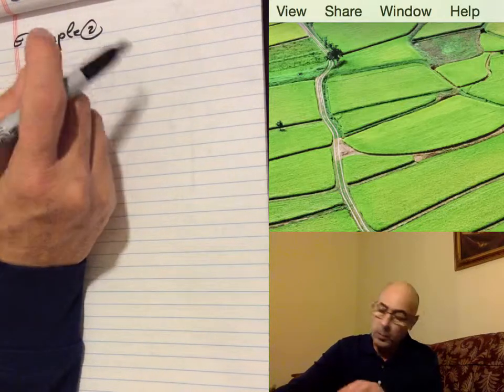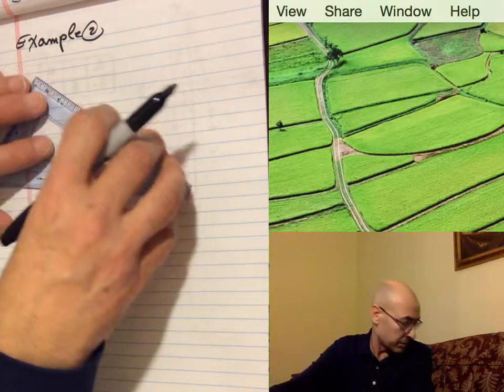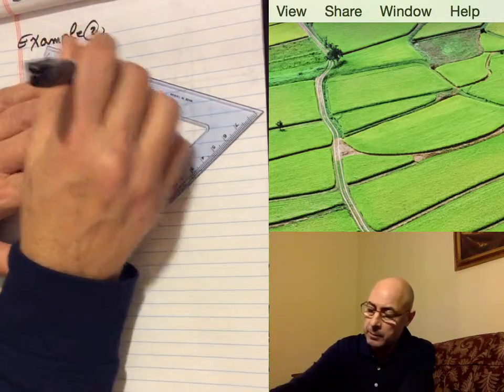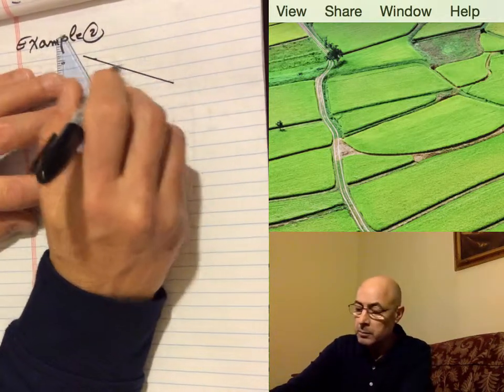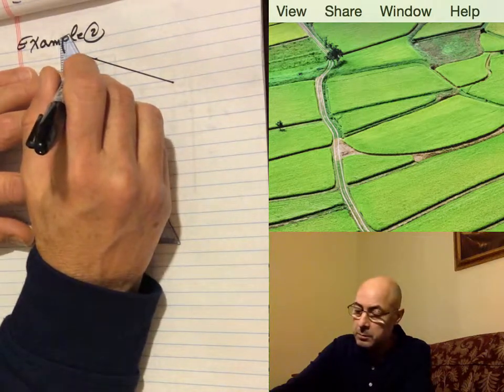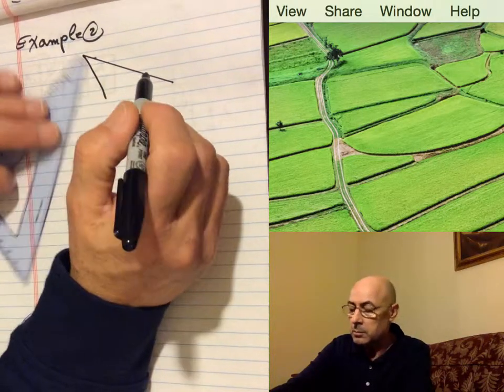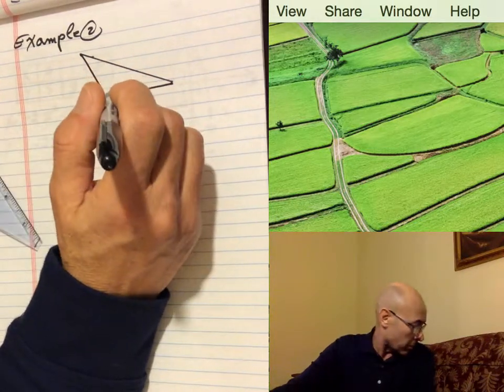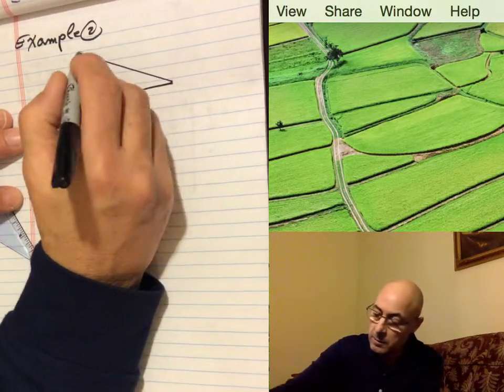On this problem, we have a triangle given. Looks like this. The name of the triangle is ABC.